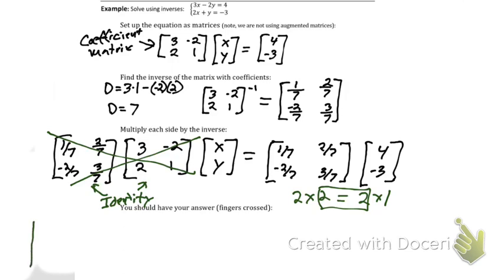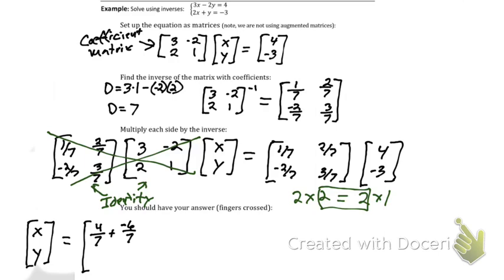So let's leave a little room here. x over y is going to equal this multiplication. We're going to multiply row times column. So we're going to do 4 times 1 over 7, which on our top is going to be 4 over 7, plus 2 over 7 times a negative 3, which would be a negative 6 over 7.